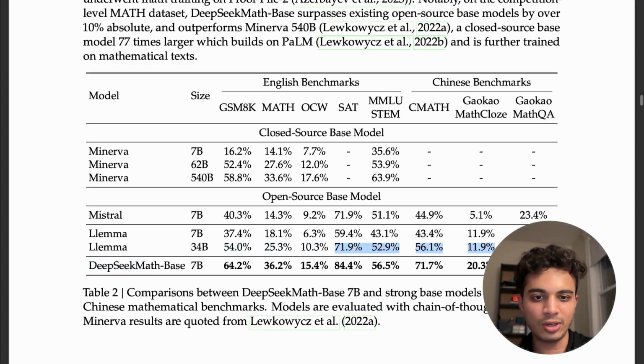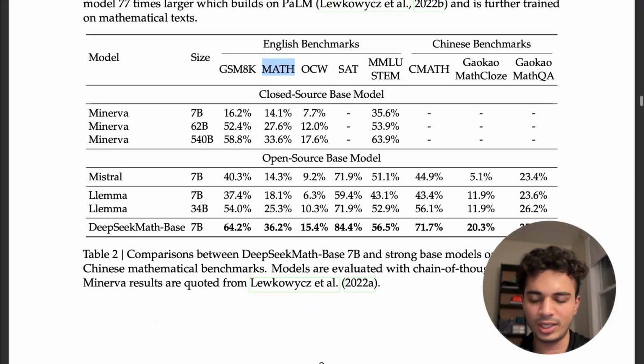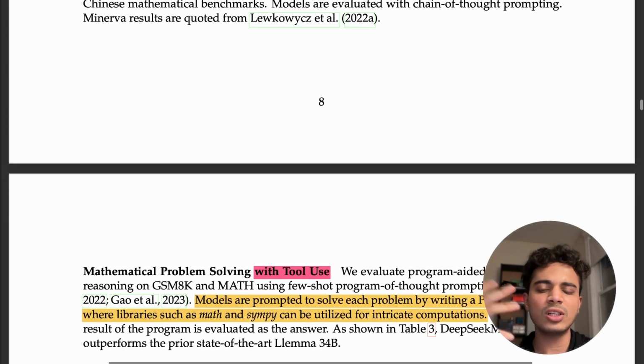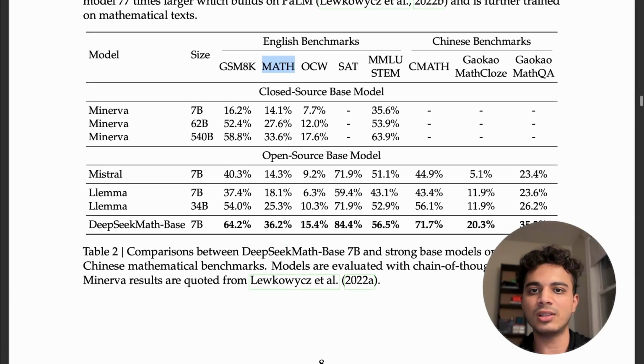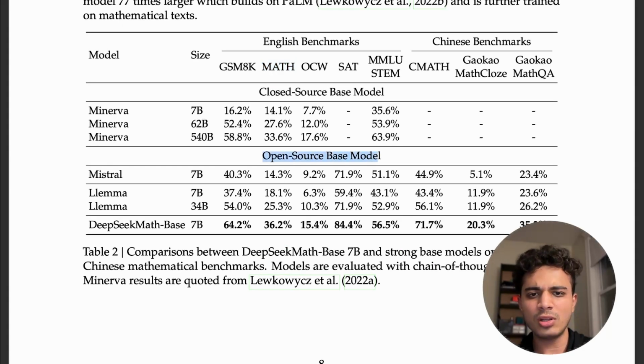Okay, so of course, DeepSeek Math base is outperforming every single model on all of these benchmarks, and SET is one of them. Then CMath is the Chinese mathematical benchmark. I think MATH is the English mathematical benchmark. Yes, and it is outperforming. Perfect. So our base model is outperforming every single other open source model, strong open source models and strong closed source models.